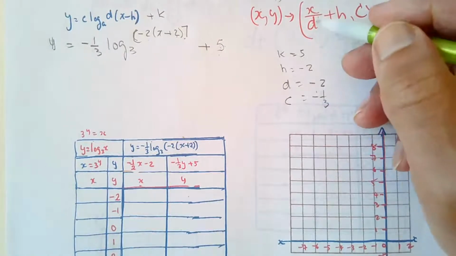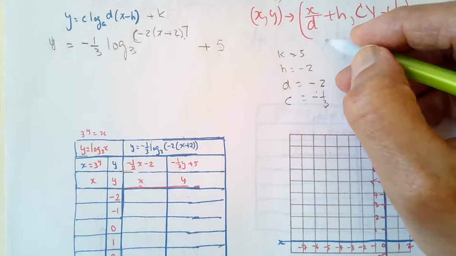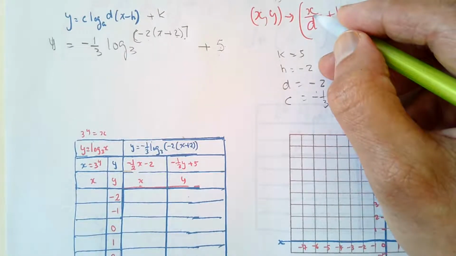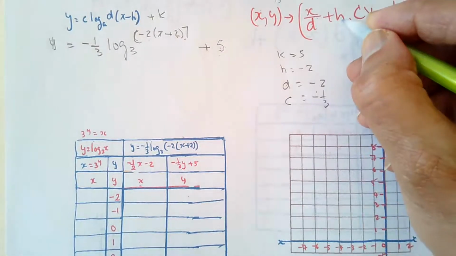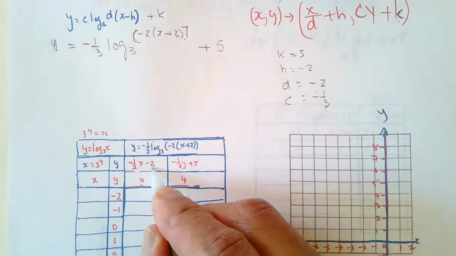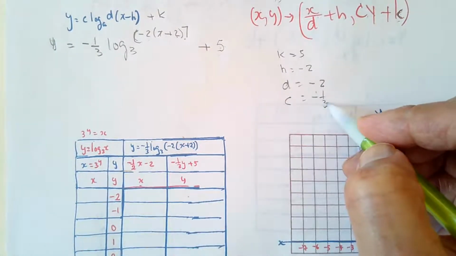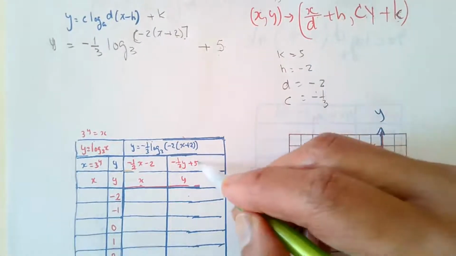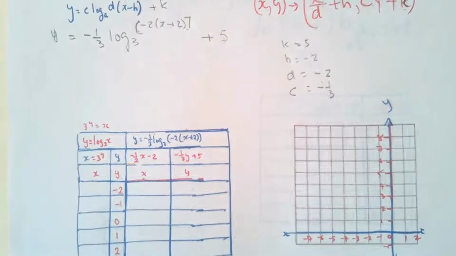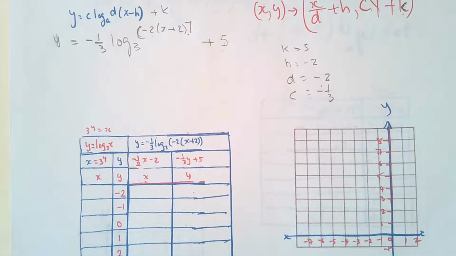So for example, here we go, x gives x over d, which would be x over -2. So whatever I have here, let's translate to -1/2 x. And h is -2, that's why I end up with -2 here. C is -1/3, so -1/3 y plus 5. So now we have established our x and y.